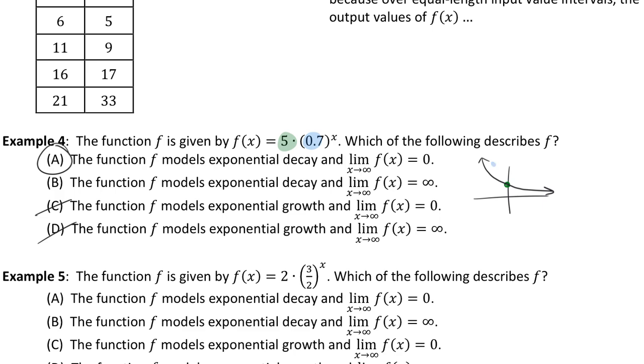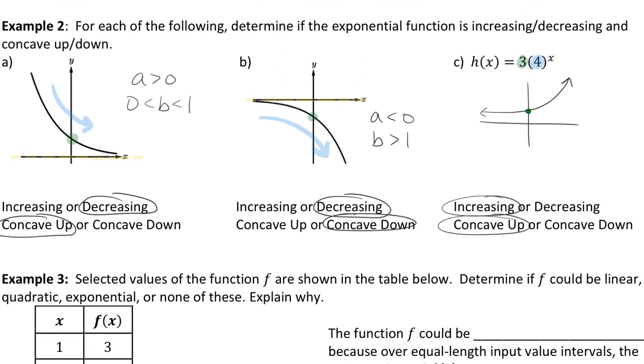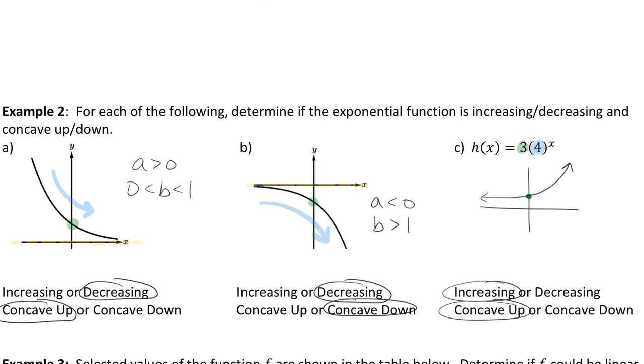Wait, miss, can you explain why example 2B is growth? Yes, I can. Okay, we're going back up here. Remember, typically growth looks like this. What if I reflect that growth graph over the x-axis? If I reflect it, it's still growth, it has just been reflected.